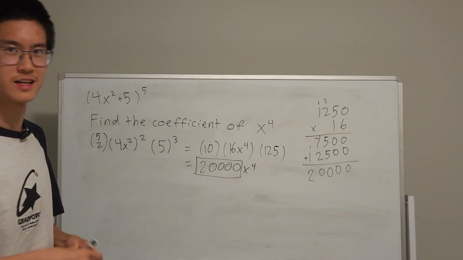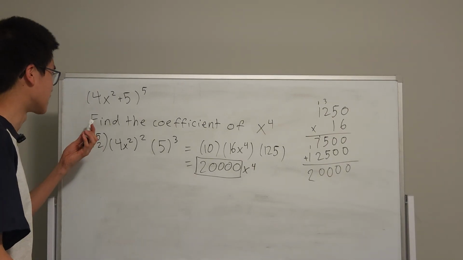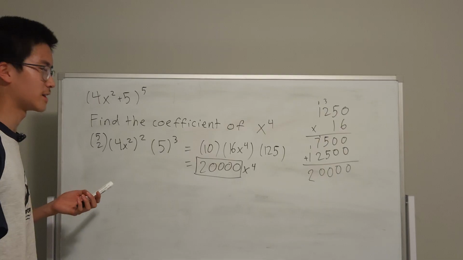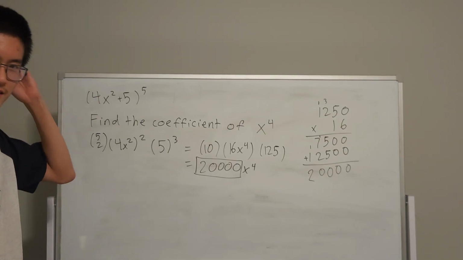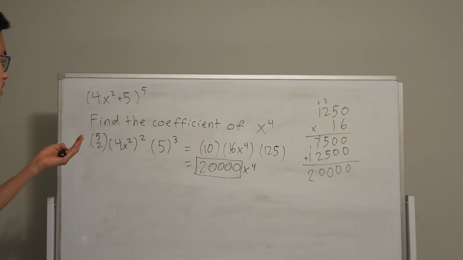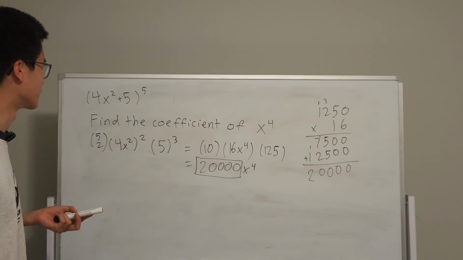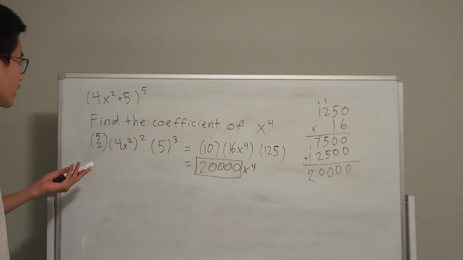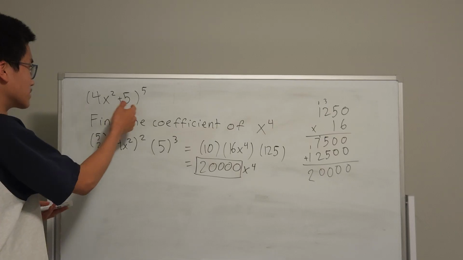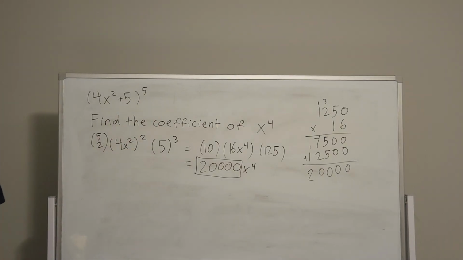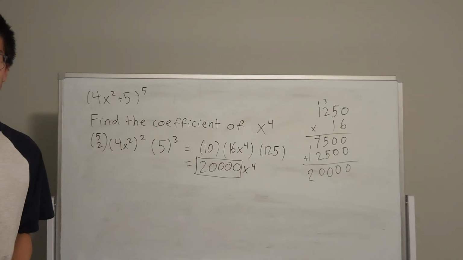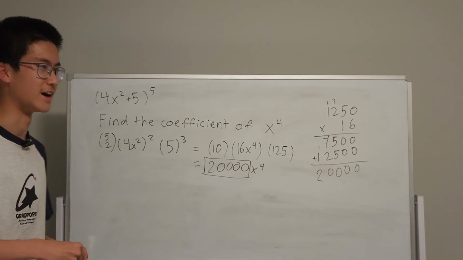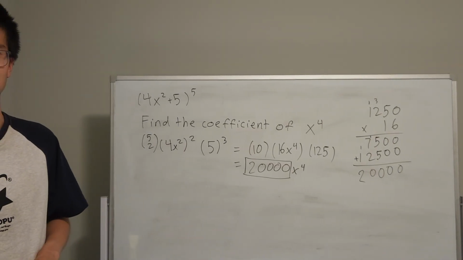I'd say this is a much nicer answer than expanding this entire thing out. Another problem they might give you is a coefficient of a certain term, and then you might be asked to find the power, or maybe one of the terms in here. I guess that's another type of problem they might ask, but I don't think I could come up with one right now that will produce nice results.